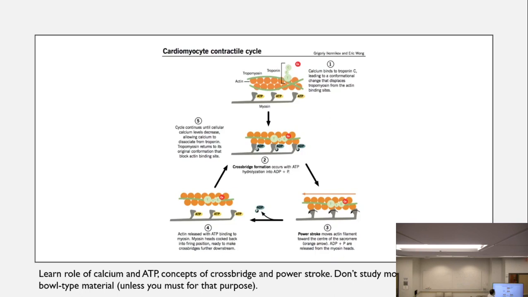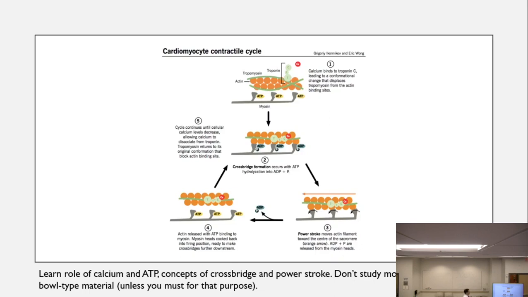Now we have calcium binding to troponin. See the three troponins, T, I, C: calcium binds to the C. And that will make tropomyosin move away from that position, which allows the interaction of actin and myosin. Notice that there are molecules of ATP on these myosin heads. ATP is there, ready to be used.